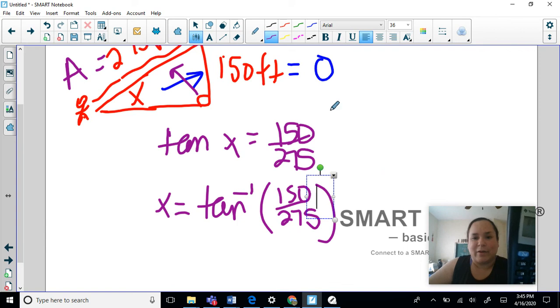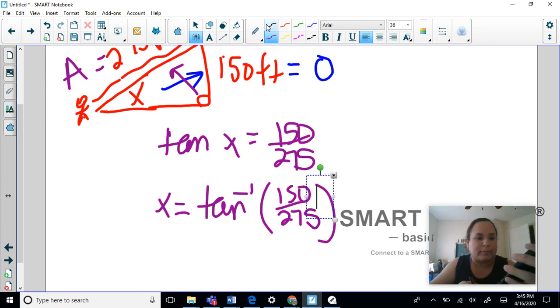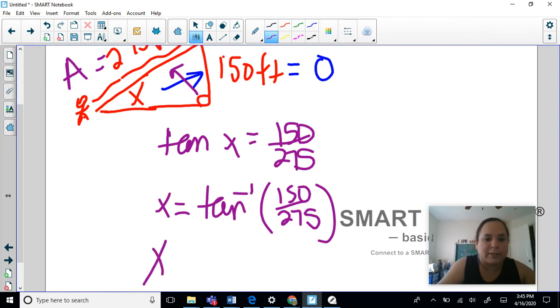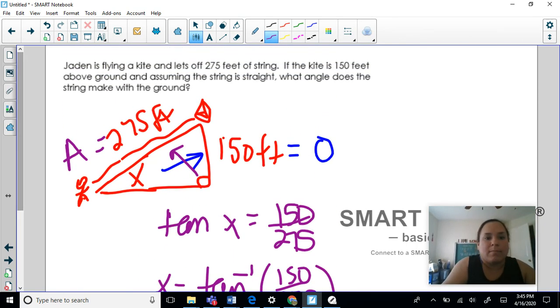We're going to get this value. That's what you type. This is what you get. So our answer is going to be that x is equal to 28 degrees. So the angle that is being made with the string and the ground is going to be at 28 degrees here.